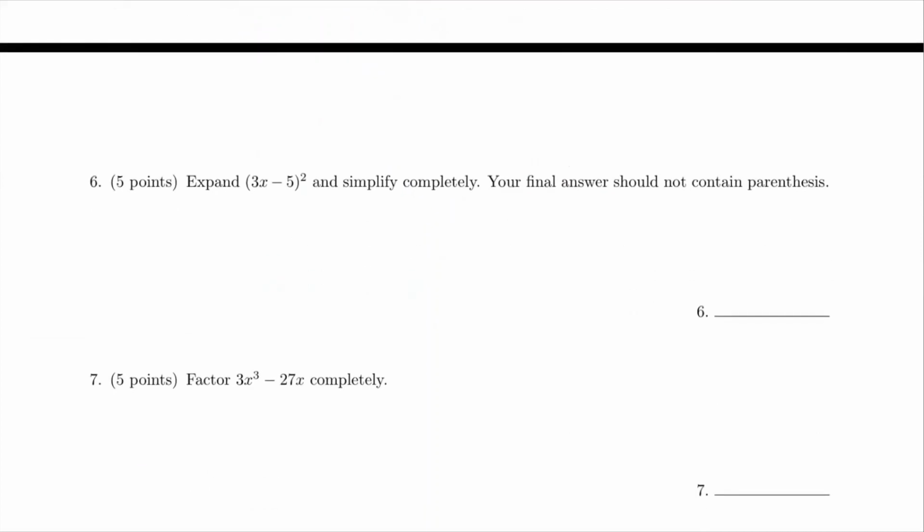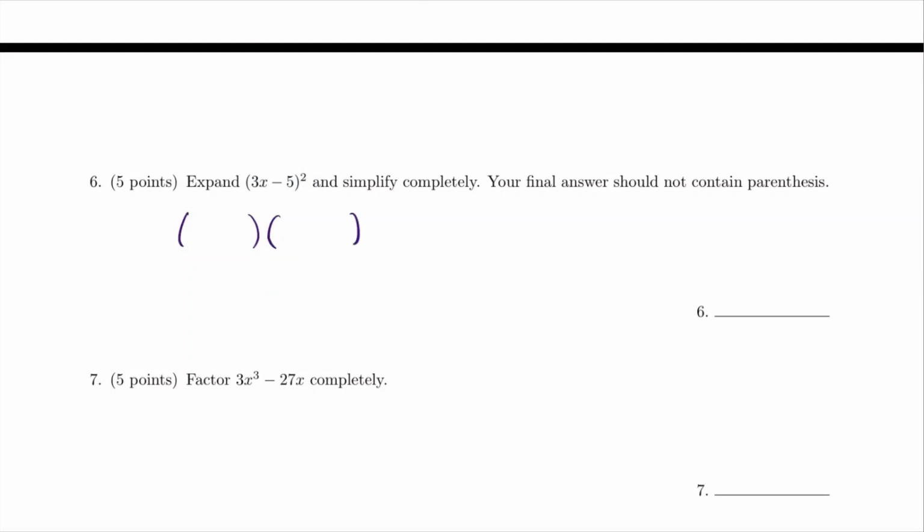For number 6, another problem where we're going to expand, so our final answer does not contain any parentheses. When you have something to a power, that just means you have that same factor 2 times because the power is 2.